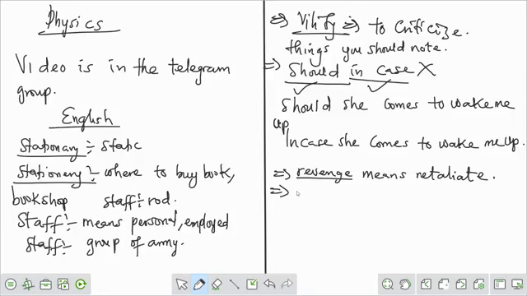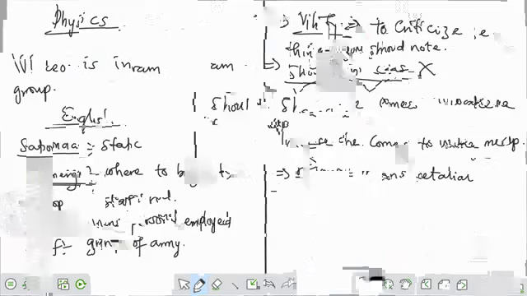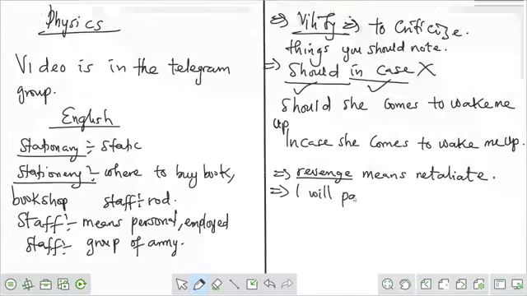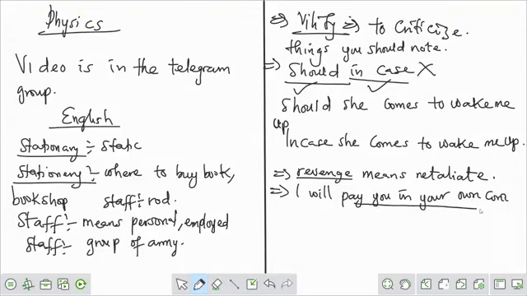So that's just it. Now, there's an idiom for revenge. If you want to revenge, you just say, "I will pay you in your own coin." I will pay you in your own coin. So that's the idiom for revenge.